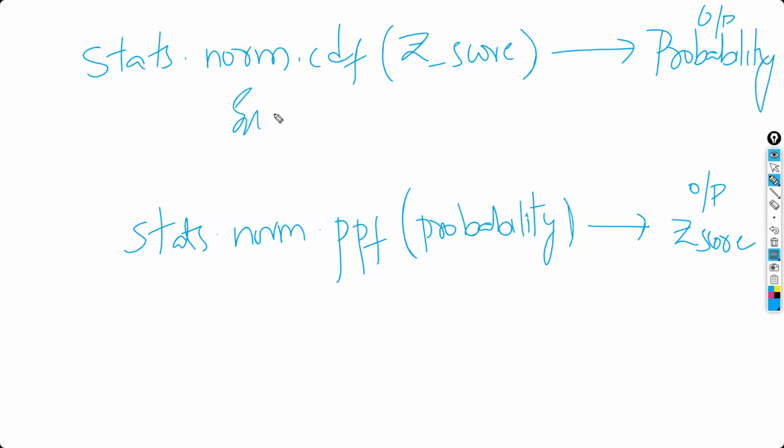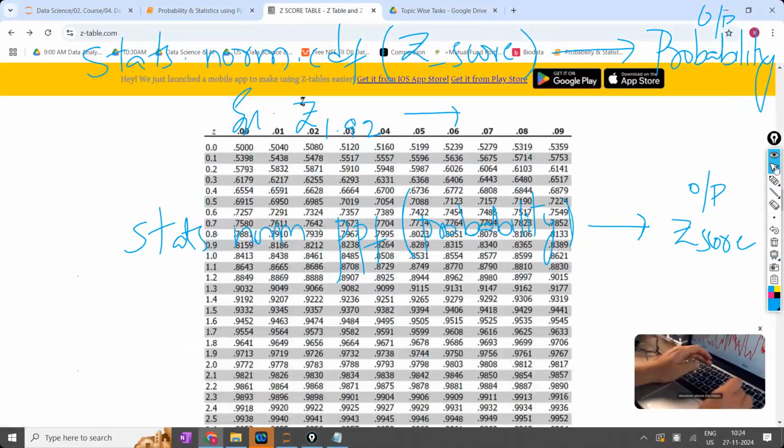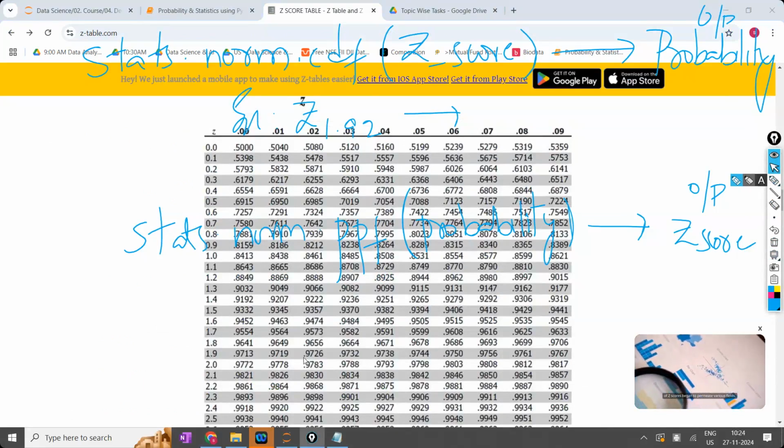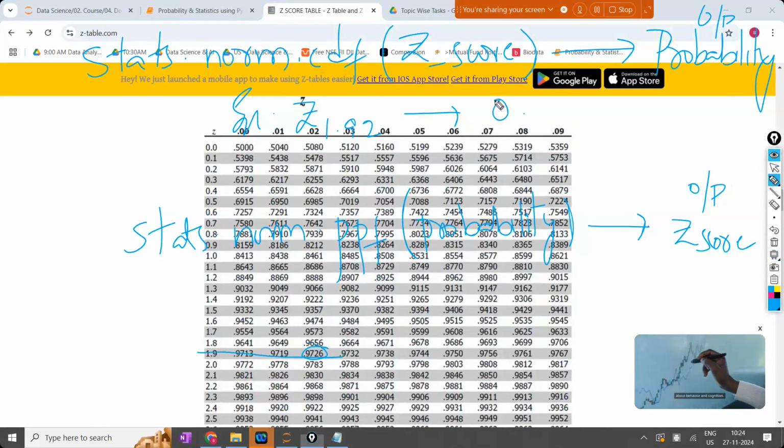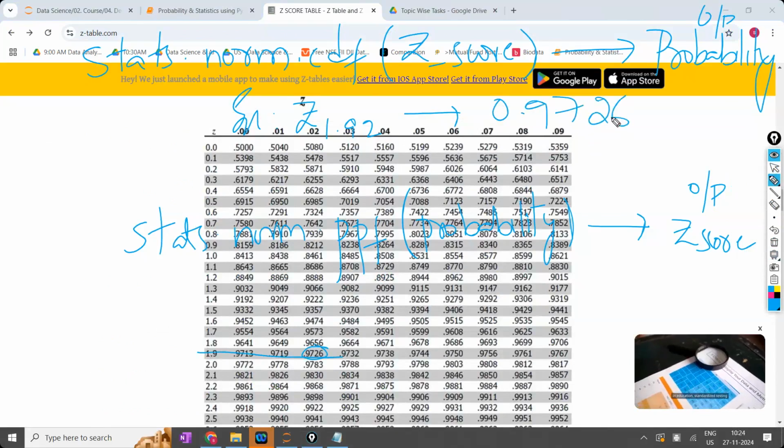Example, Z of 1.92. What is the probability? Tell me, what is the probability of 1.92 from the table? For 1.92, what is the answer, guys? 1.92. 0.97. 1.92, that is 0.9726. 0.9726.